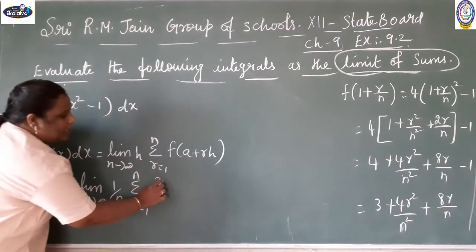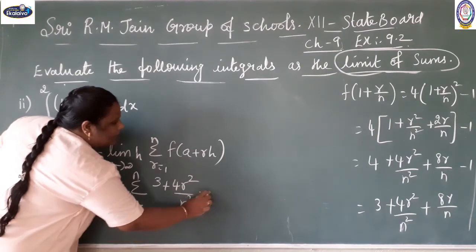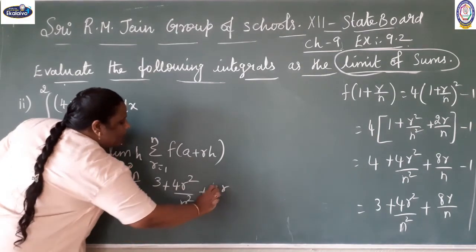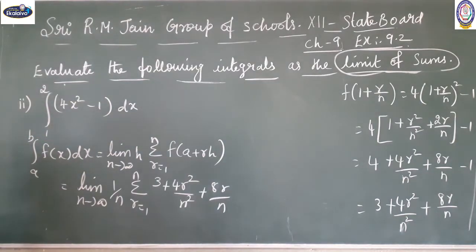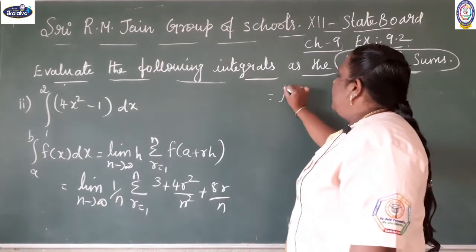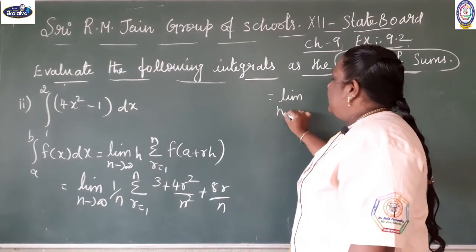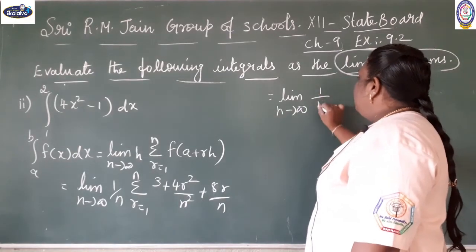What is the value for that? 3 plus 4 r square by n square plus 8 r by n. So limit n tends to infinity.